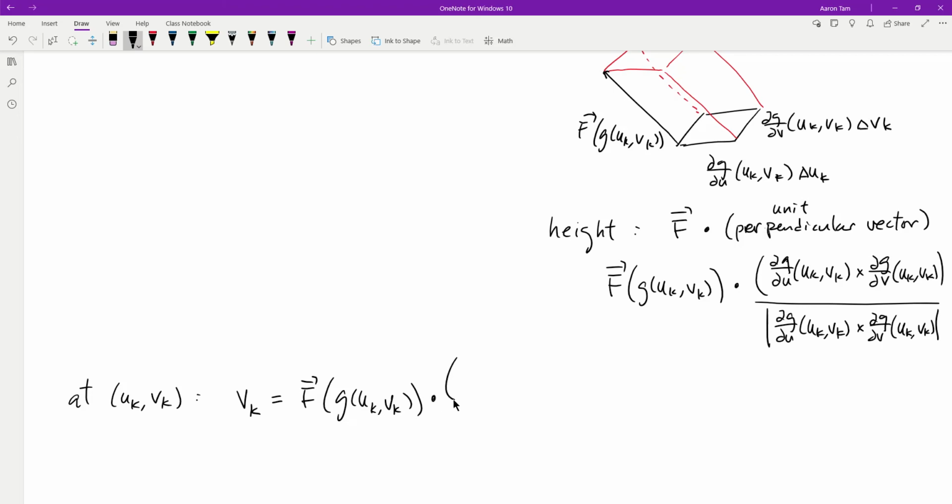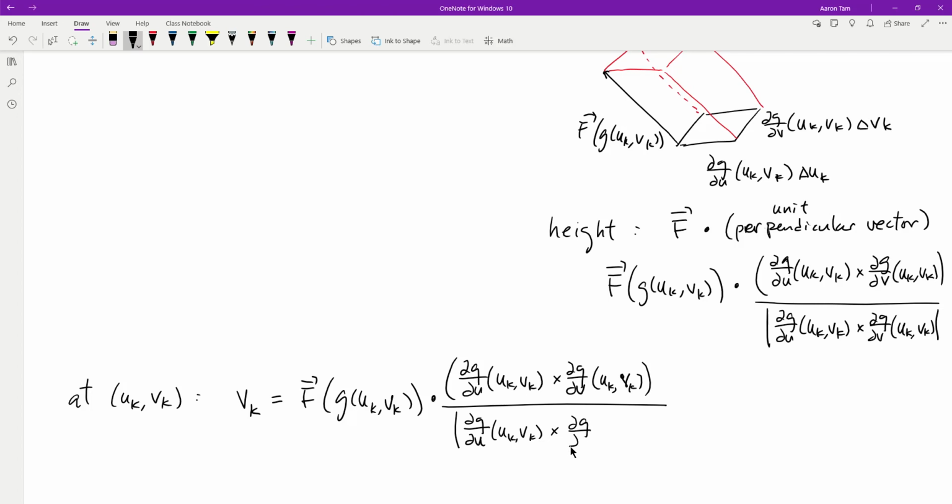Dot product, our normal vector, which is the cross product between the two tangent vectors. But it has to be unit length, so I'm going to have to divide that by its length, and that gives us the height. So now to find the volume, what I need to do is multiply by the base area.